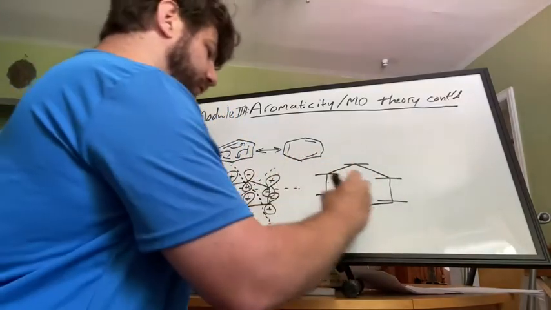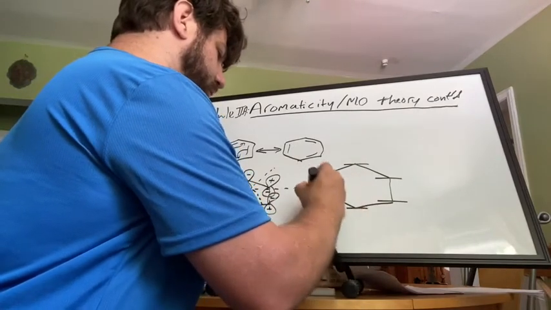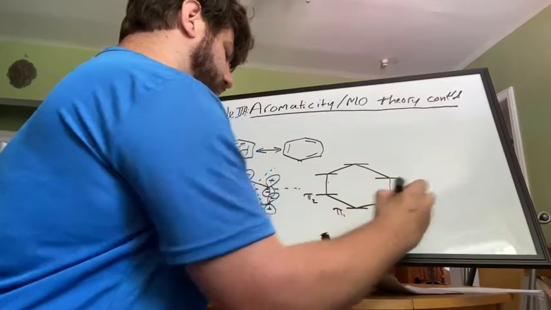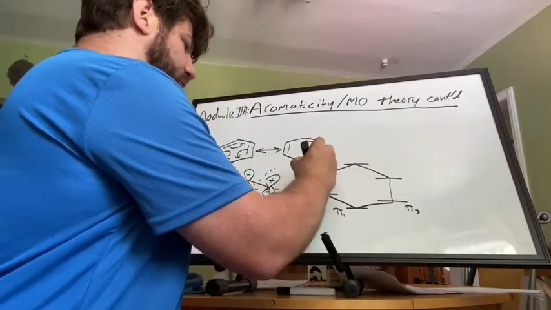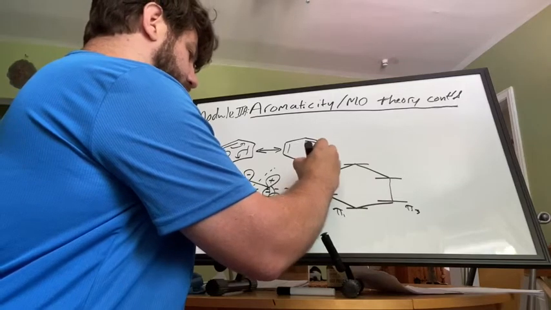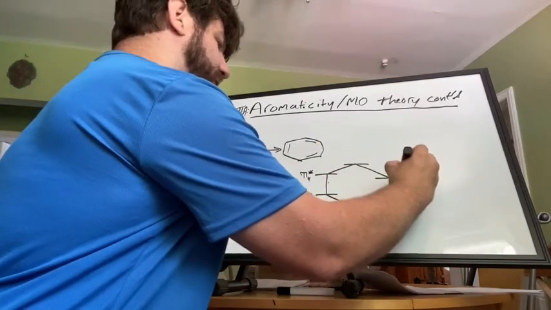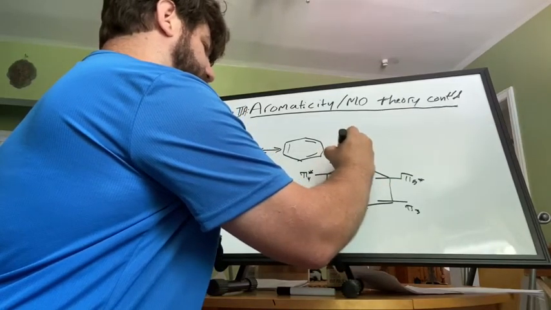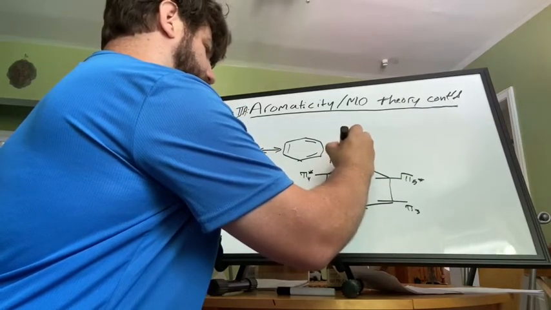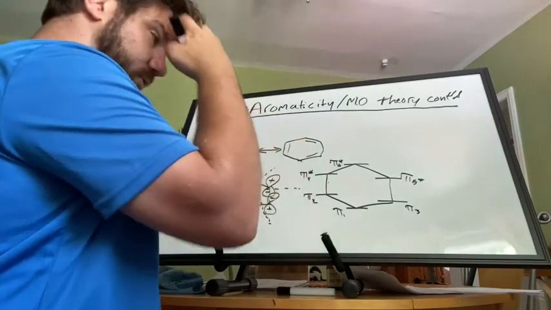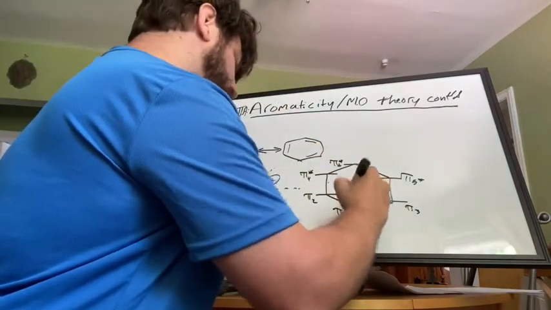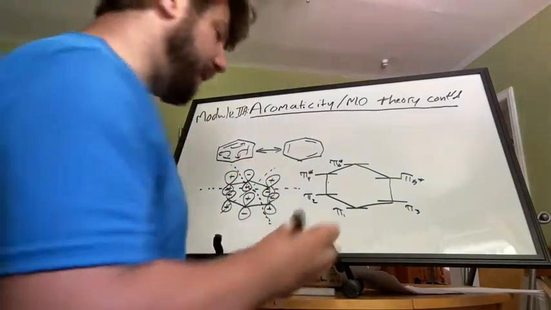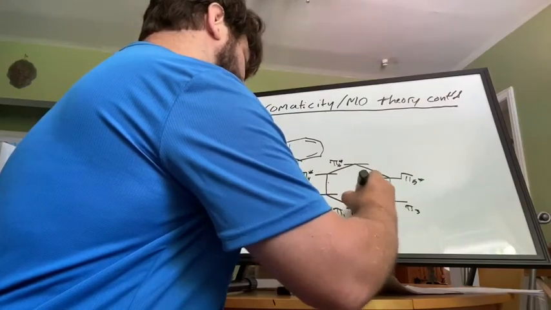Okay, so we have pi 1, pi 2, pi 3, pi 4 star, pi 5 star, pi 6 star. Okay. And then we're going to have a total of 1, 2, 3, 4, 5, 6 pi electrons. Remember that.